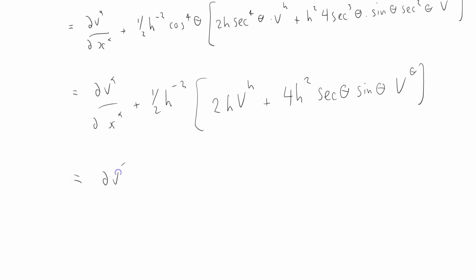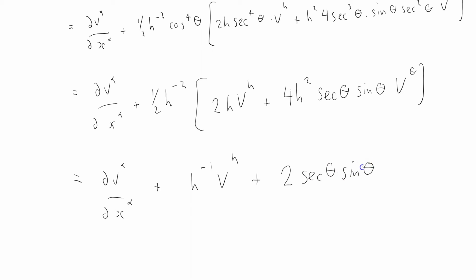Equals ∂v^α/∂x^α. I want you to see how I'm not scared of this. You just got to write it out. You just got to deal with it. Plus, let's multiply the h's out as well. So the halves cancel there. We've got an h^-1 v^h plus, the 2 h's cancel, sec θ.